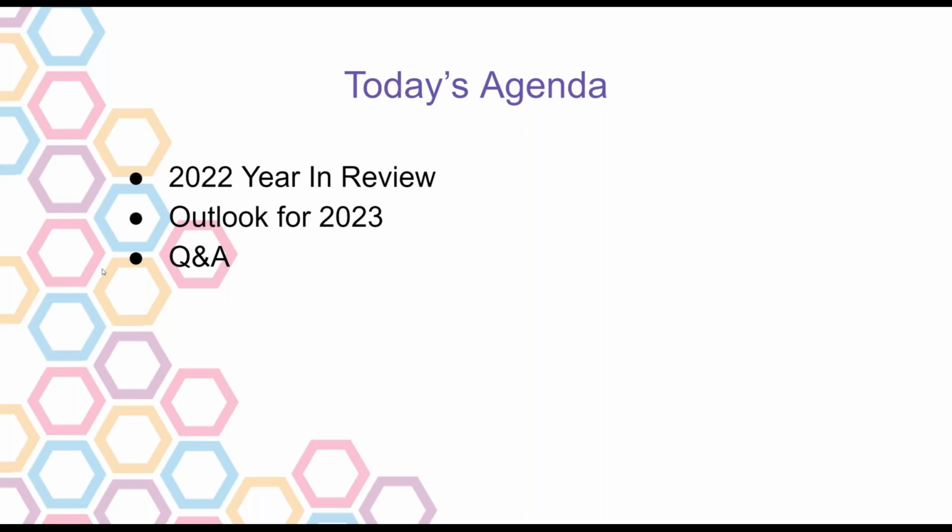I know for the past few webinars we've been going over a lot of the features, but it's always good to get a snapshot of what we did in the last 12 months. And then we're going to shift and look towards what we hope to accomplish this year, what we're planning, what we have identified as definites that are going to happen, and then some things that we're going to hope to see if we can squeeze in over the next 12 months. So that's what we're going to be going through today.